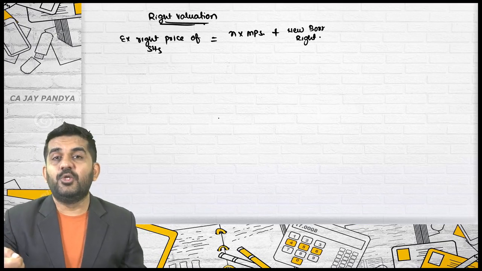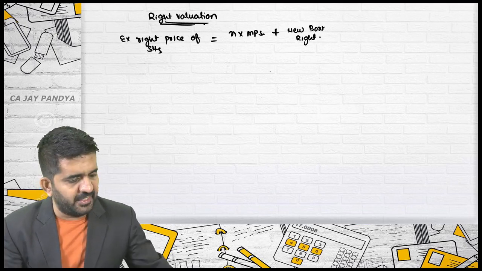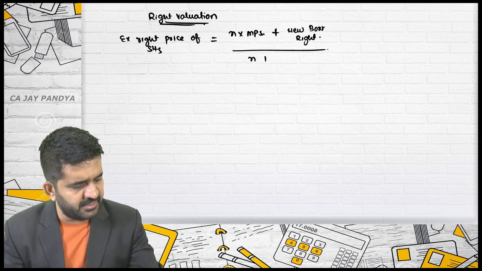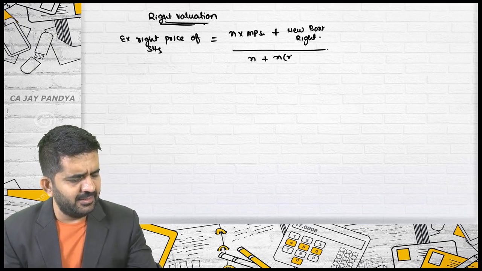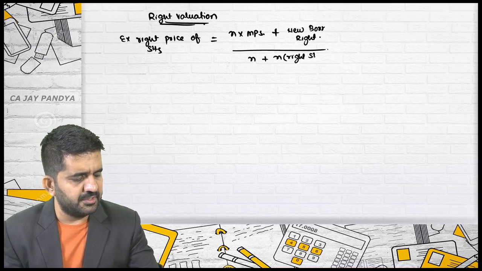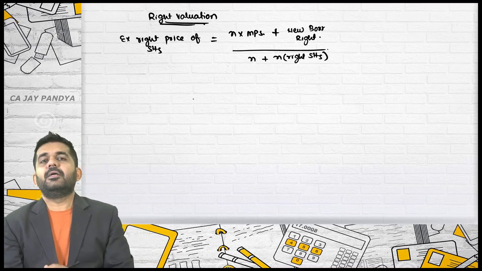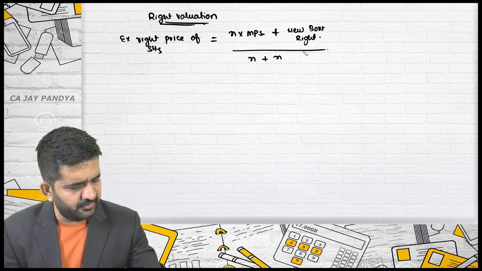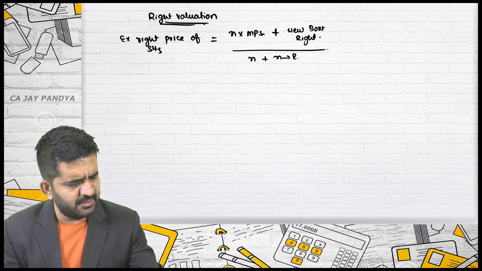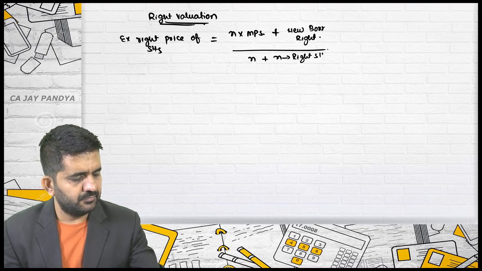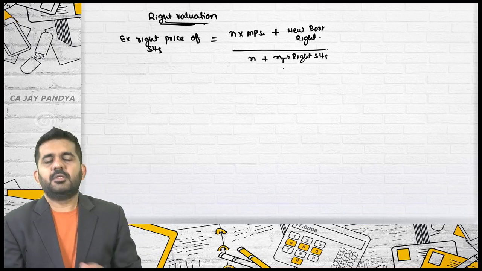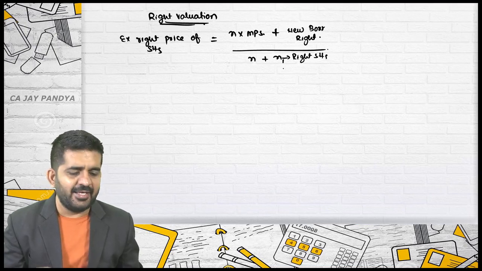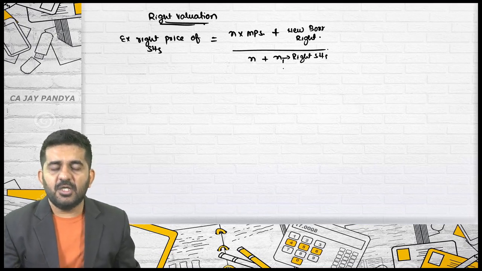This is the new value, the addition in value of the company, divided by n, that is old number of shares, plus n1, that is rights shares. So that is the total number of shares after the right is issued. I will get the X-right price of the share.